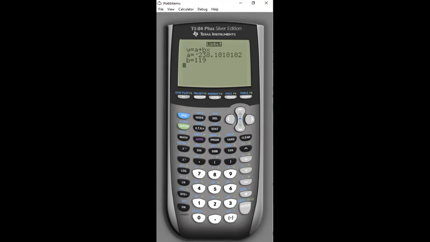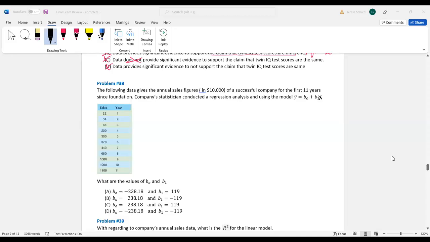Okay, so let's go back to our exam review. From that, the calculator tells us y hat is equal to negative 238.18 plus 119 times the year, so the year is your X here.